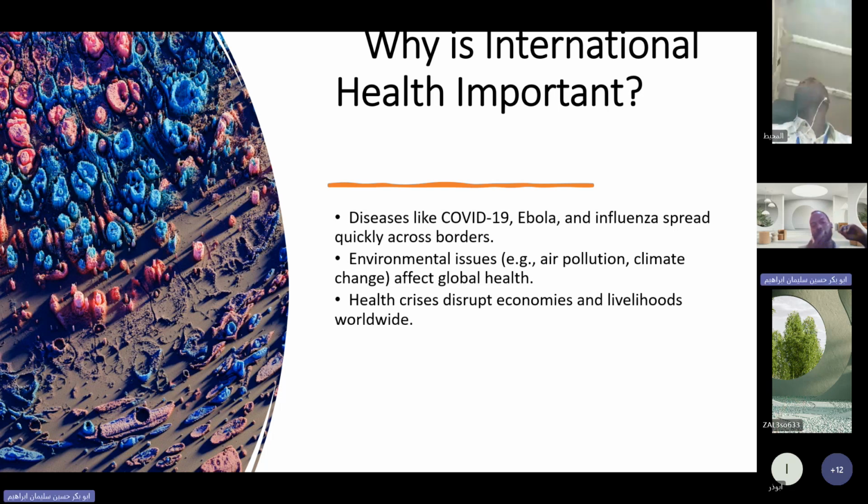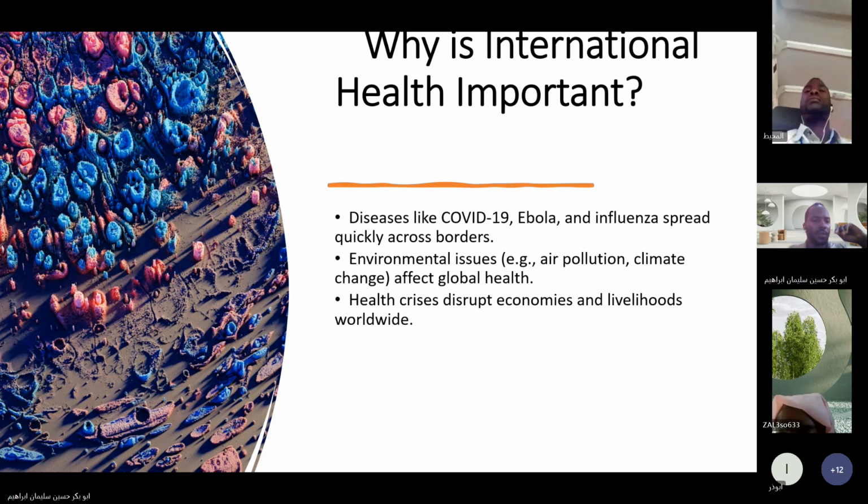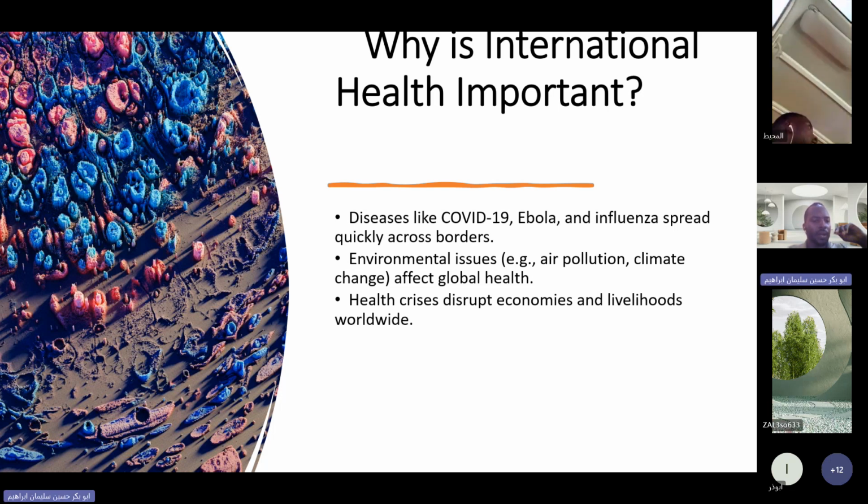Now we can go to this slide, globalization and health risk. International health focuses on this. As you see, infectious diseases like SARS and Ebola spread rapidly.